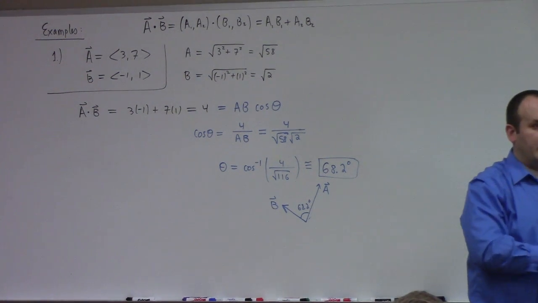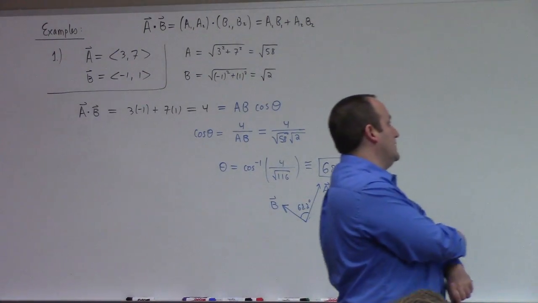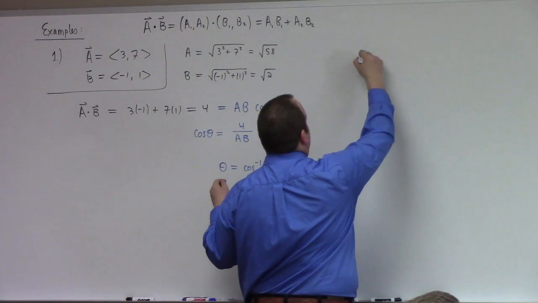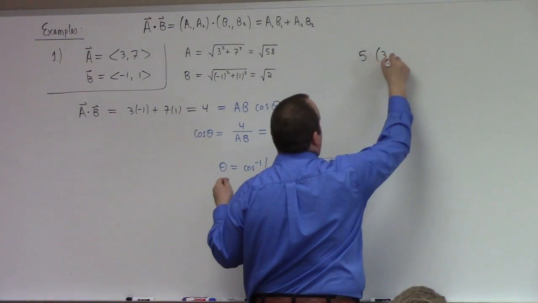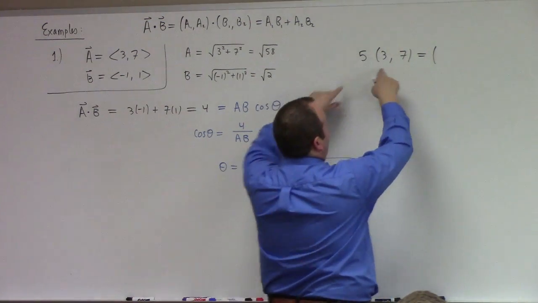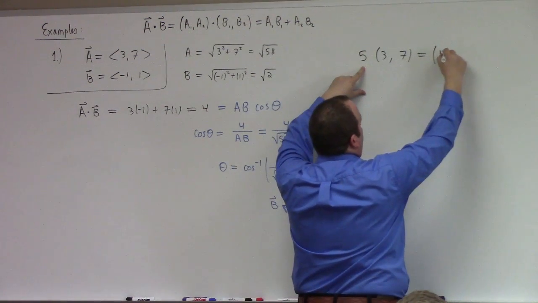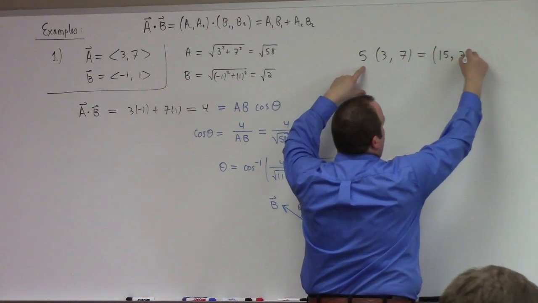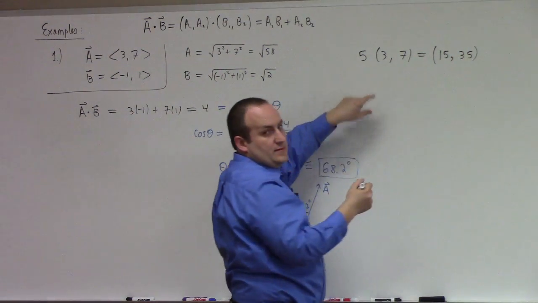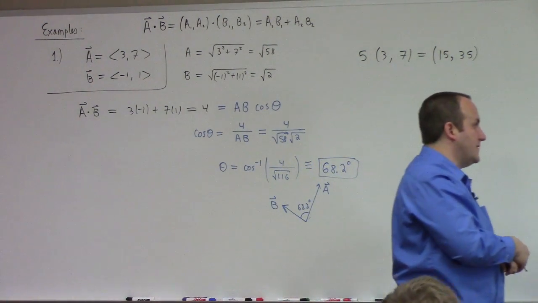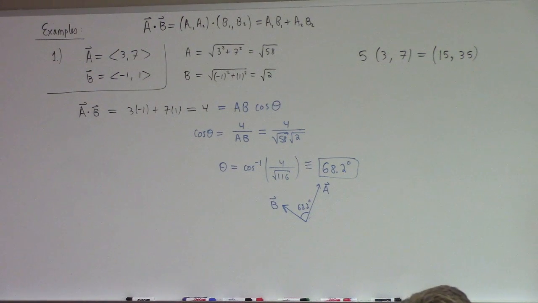But now how do we scale or multiply vectors? For example, 5 times (3, 7) is (15, 35). You just multiply each component. But you can also undo that. I've got a common df/dt factor here and here, so I can pull it out.